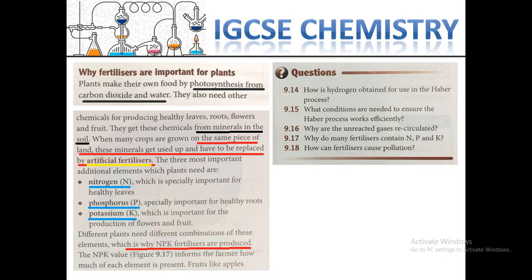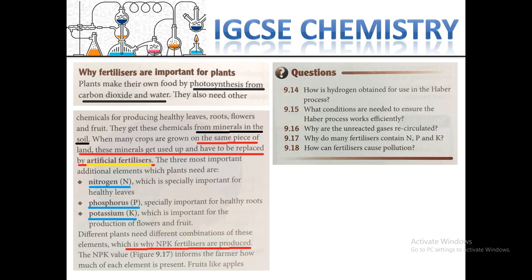The minerals can be provided by soil, but when the farmer uses the same land for producing crops many times, the land will lack minerals, so there will not be enough minerals unless they are replaced by artificial fertilizer.